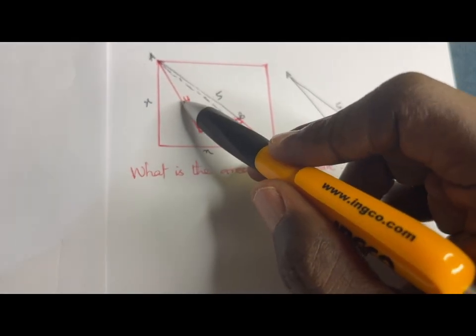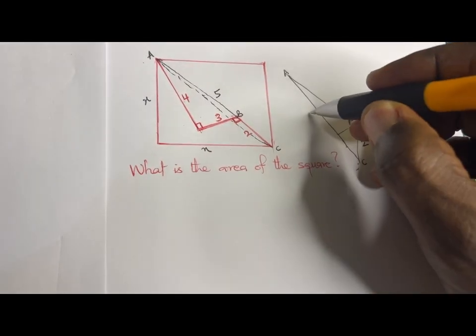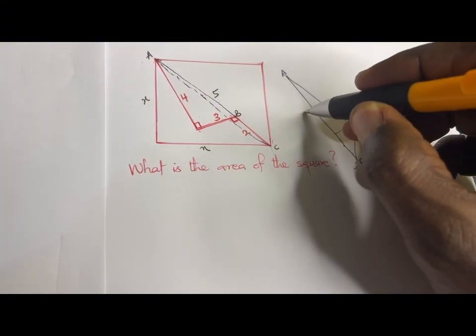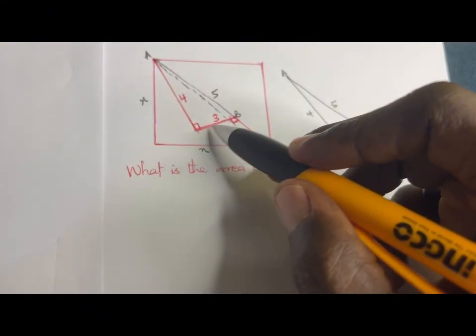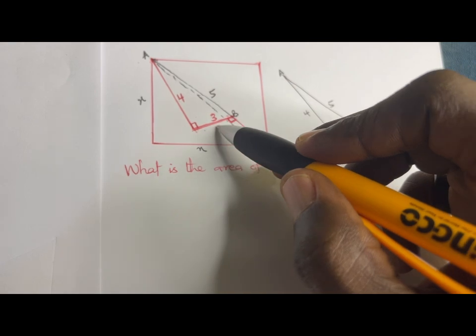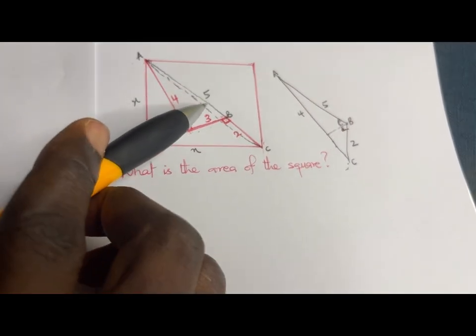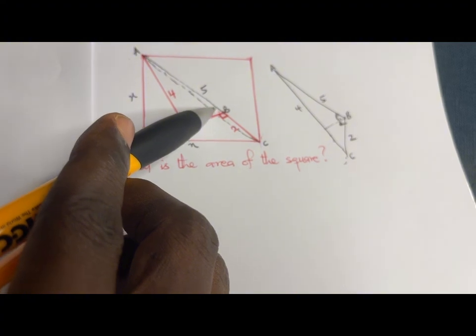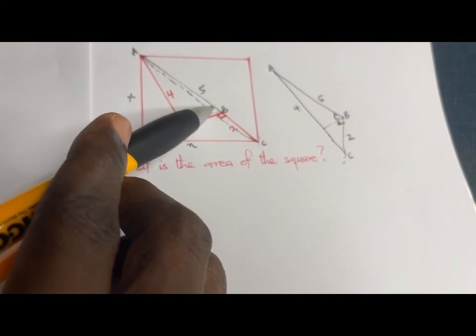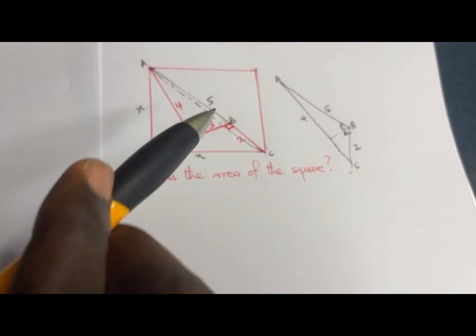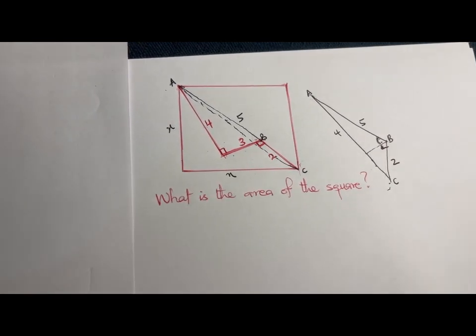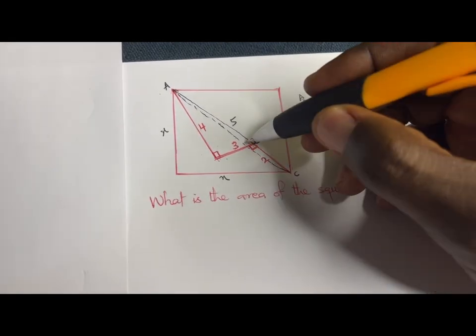Since here is already 4, you know this side to be 4, and you know this length here to be 3. So you just use the SOHCAHTOA approach, the tangent ratio, to solve for this angle here.